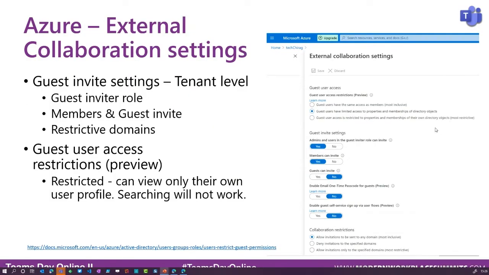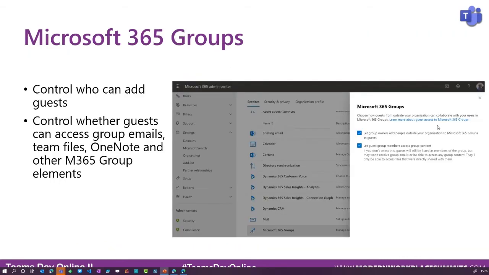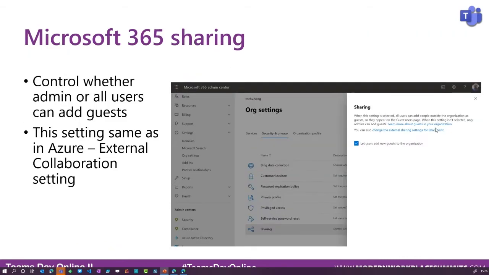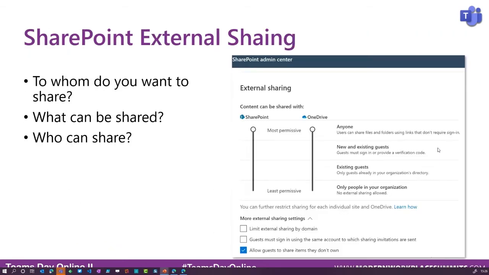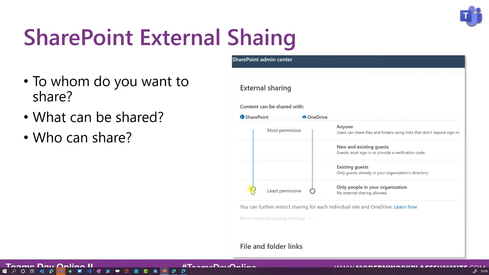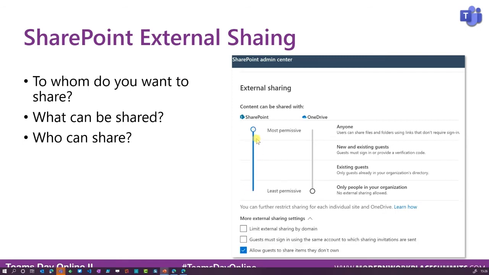So we looked at the external collaboration settings, and we looked at the Microsoft 365 groups, as well as the sharing setting there as well. So the next part we want to look at here is the SharePoint related, and this is a big part of your collaboration, because obviously files is pretty much what we do. When you look at the SharePoint side of things, it's not just SharePoint, but also OneDrive.